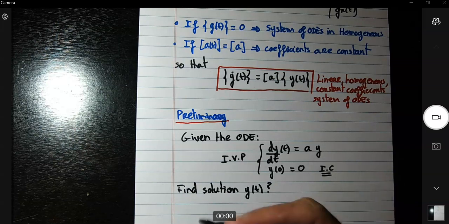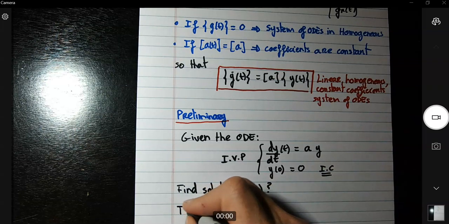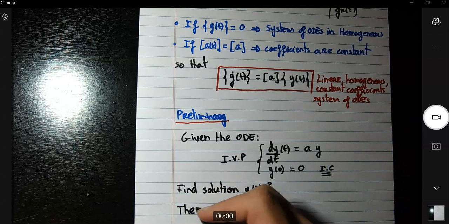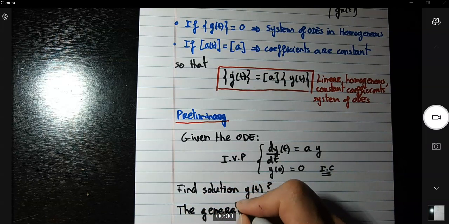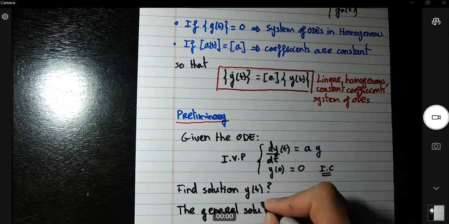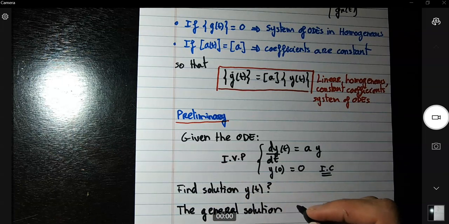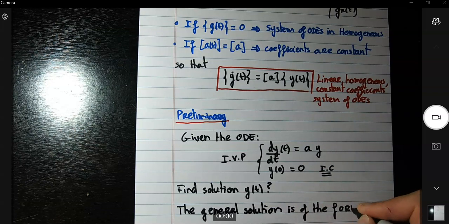We know that the general solution for this ODE is of the form y of t equal to a constant times e to the a t. And we can test it now.